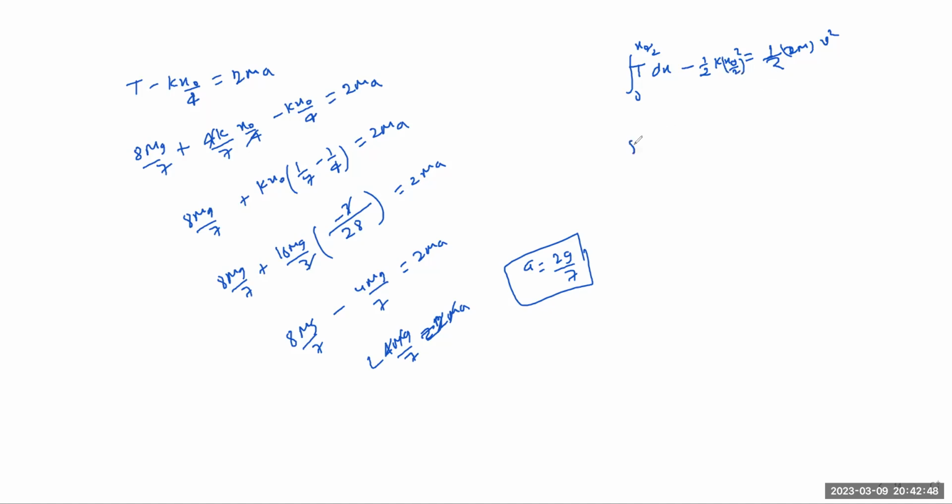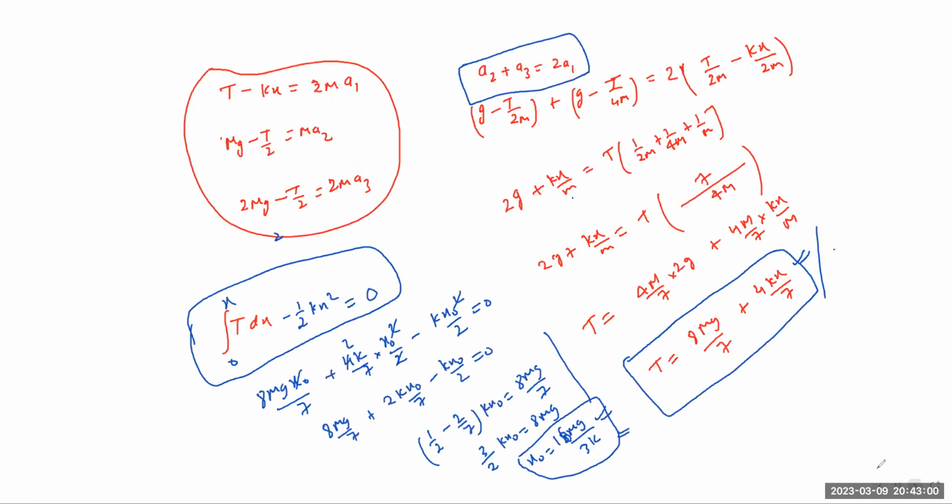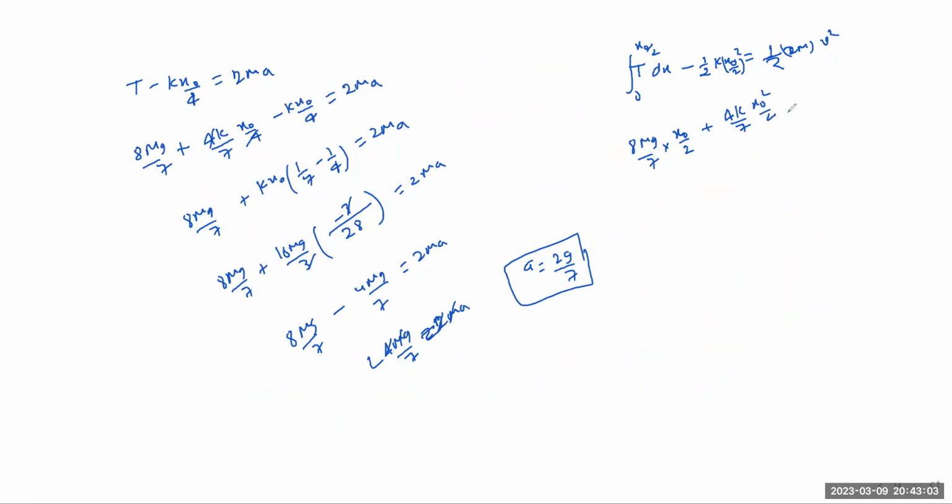So 8mg by 7 x naught by 2 plus 4k by 7 x naught square by 4 minus kx naught square by 8 is mv square. 4mg x naught by 7, kx naught square, 1 by 7 is 6, mv square, 4mg by 7.